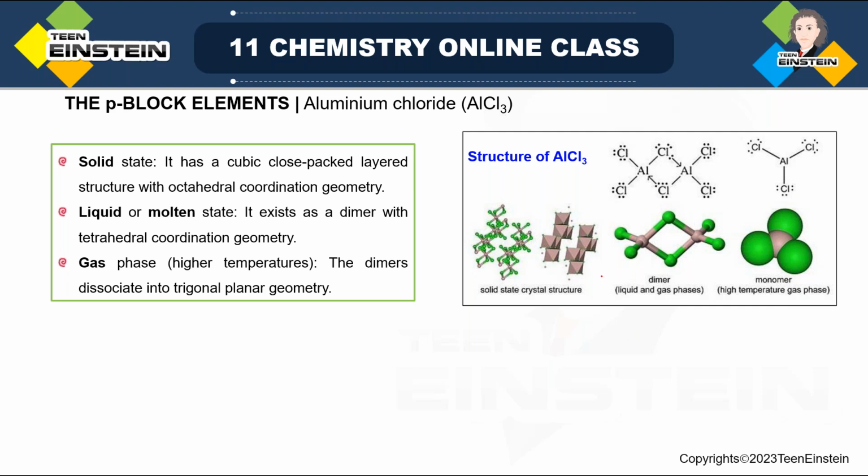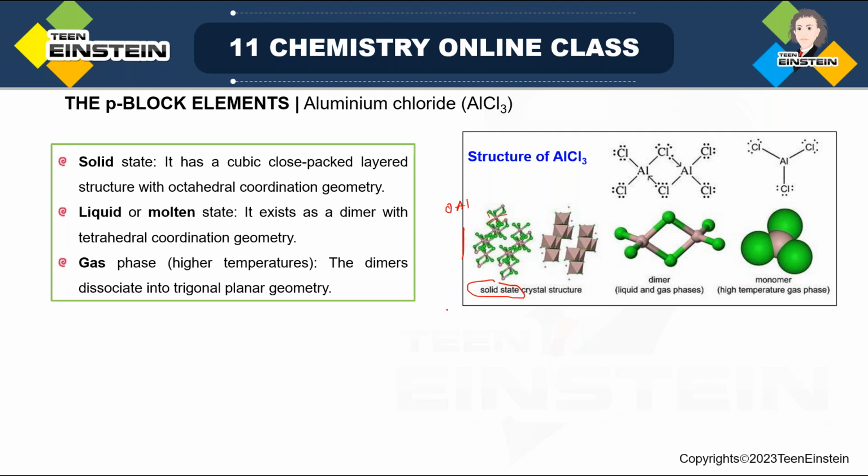Now as you can see in this picture, we have different structures depending on its physical state. When it is in solid state, we have this type of crystal structure, where if we enlarge this part, you will be able to understand that the gray part is aluminium, and surrounding it there is a total of 6 coordination.